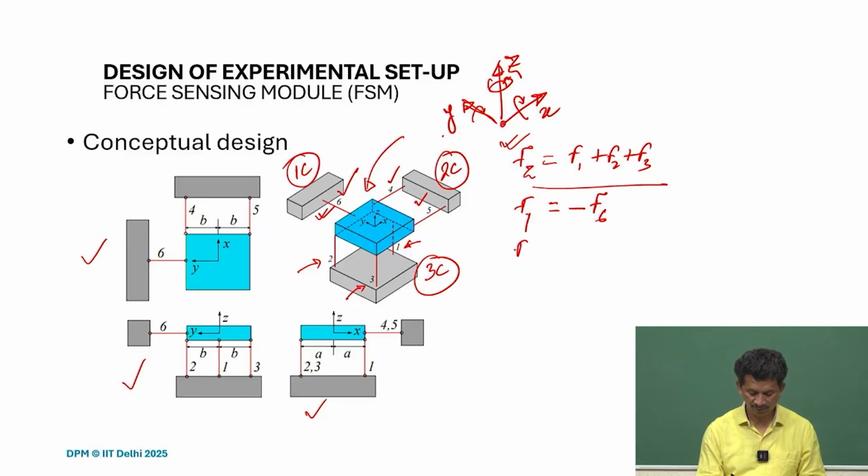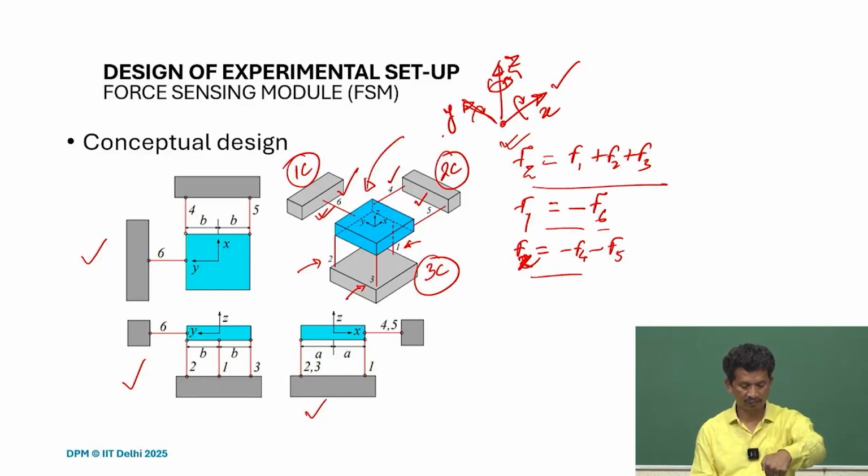So Fz we have already taken, Fy, Fx, sorry. So if we do Fx along the x direction, what do we see? Only 4 and 5. Here it will be negative because if we apply positive Fx, it will be minus F4 minus F5. So likewise, we can write for moments as well.